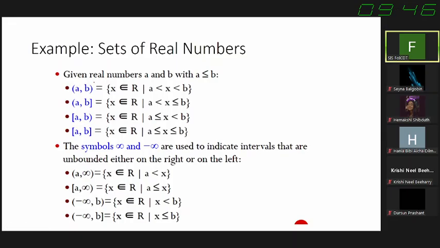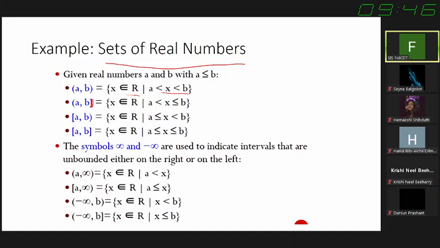Sets of real numbers. These are some examples. Again, some further notations, so some additional examples and notation. Given real numbers A and B with A less than or equal to B, the set of X that are real numbers between A and B. If we have a set with the square bracket on this one, please remember this, okay?